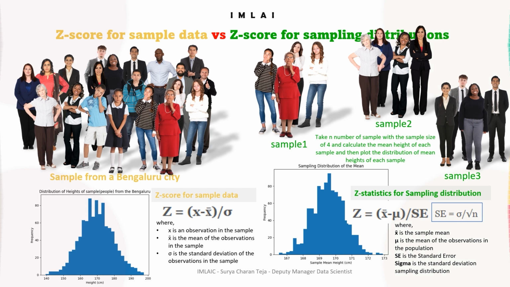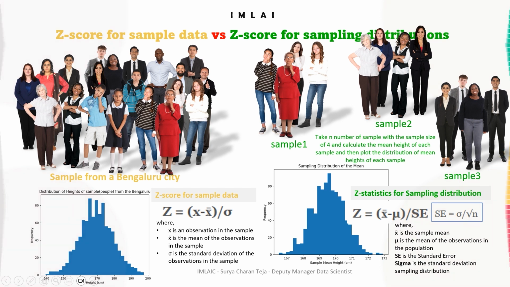That's it. So this is how we calculate. We use different formulas for different conditions, but the aim is specific to the purpose. In this case, it's just to understand how far the respective data point or observation is from the mean. But in this case, we want to do hypothesis testing. We want to do a significance test. That's the reason. So as a data scientist, both are useful.